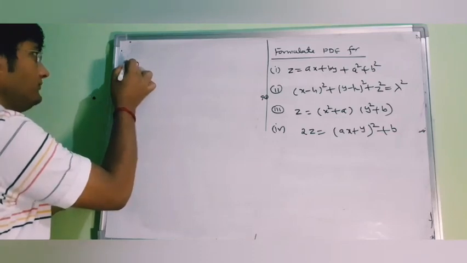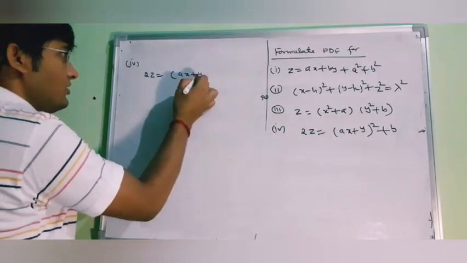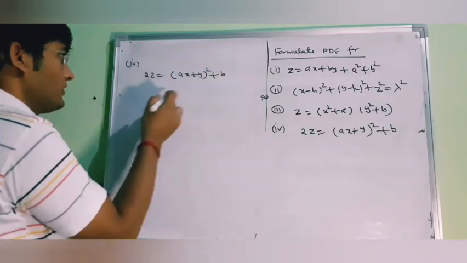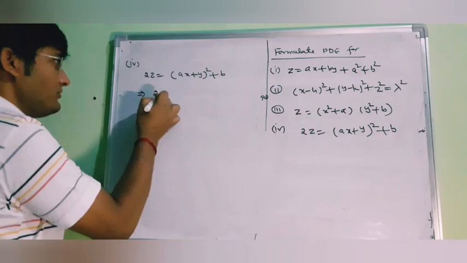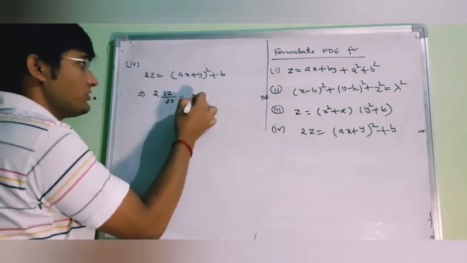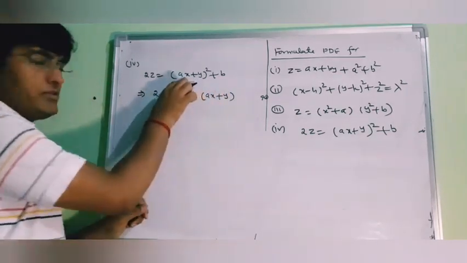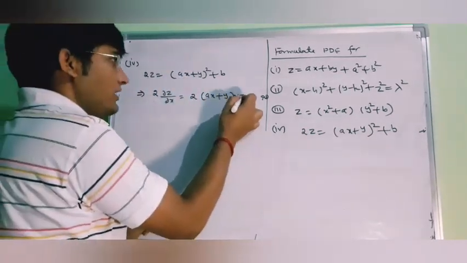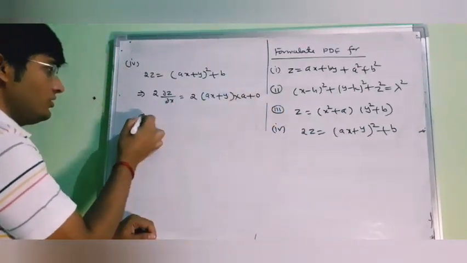So fourth problem: 2z equal to (ax plus y) whole square plus b. So its partial differentiation with respect to x will be 2 times del z upon del x equal to 2 times (ax plus y), and then the partial differentiation of ax plus y with respect to x will be a, and here we will get 0.